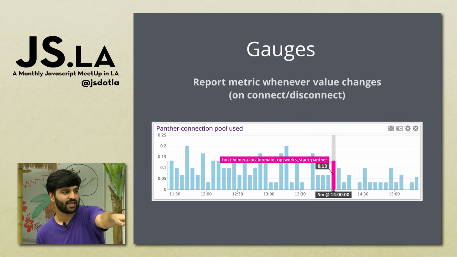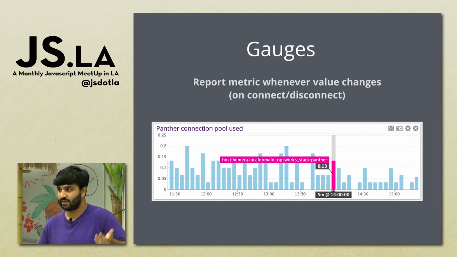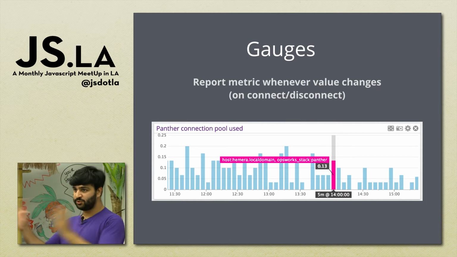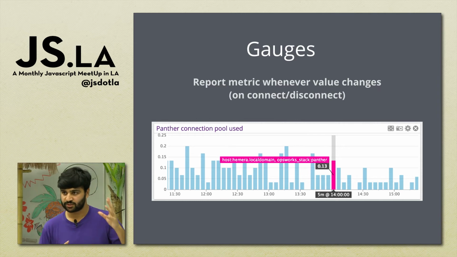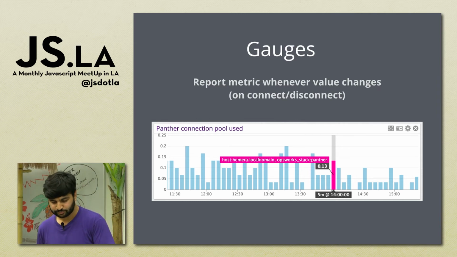And this was the same time for that same Panther service. So when there's an outage or something serious going on, you'll see these bars grow huge, typically up until the limit of your connection pool. And you'll know what's going on. So again, compare this information to CPU utilization. You just understand so much more about what's going on.